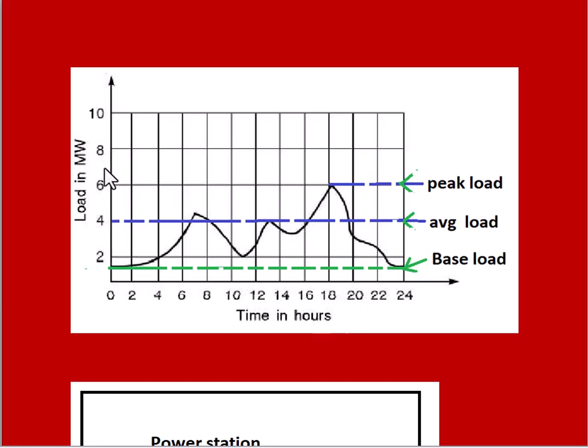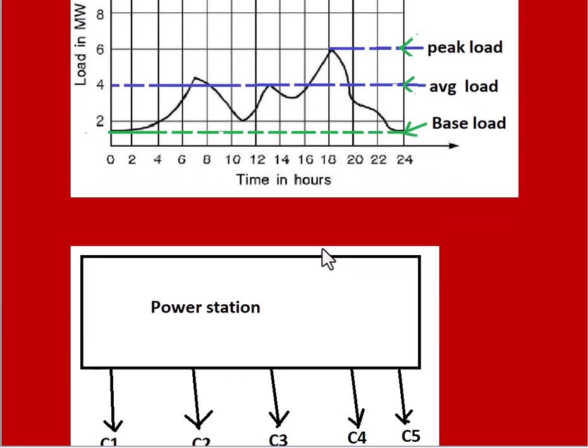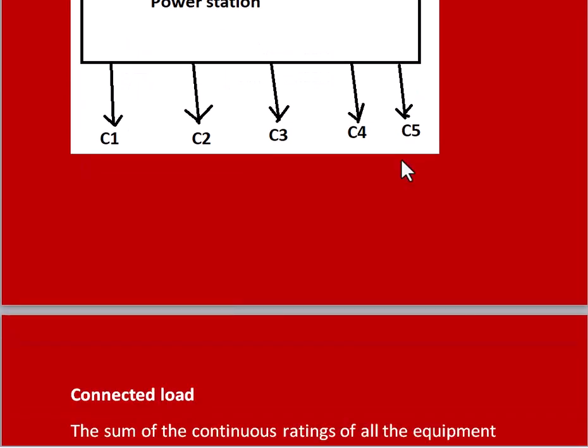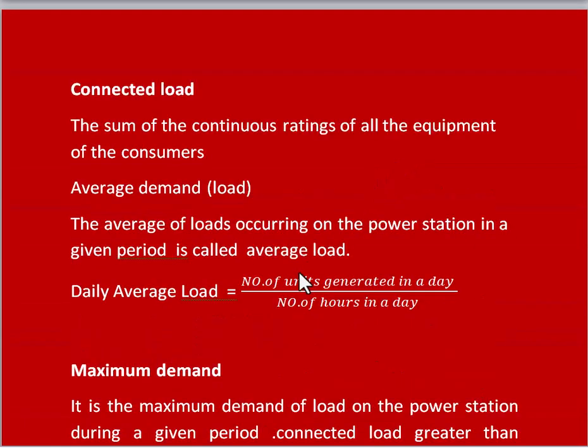If this power is multiplied by time, then the area of the curve comes. That area is the energy generated during this period of 24 hours. That energy, the area of this curve, divided by the number of hours, that is 24 hours, will give the daily average load.